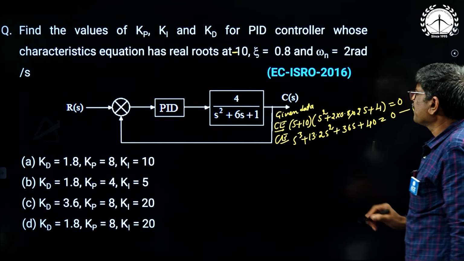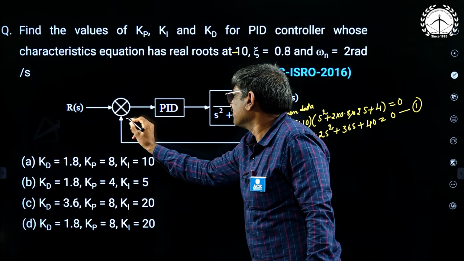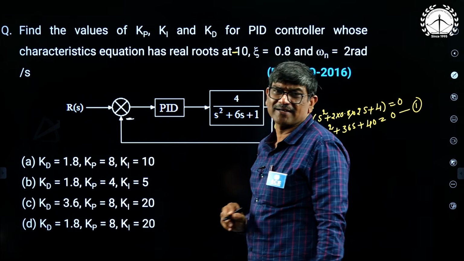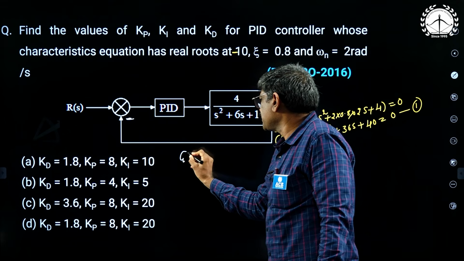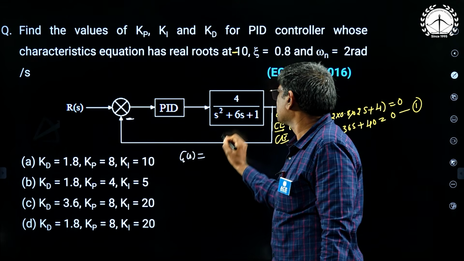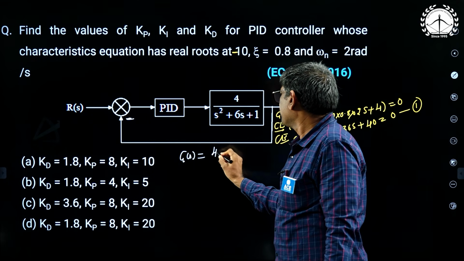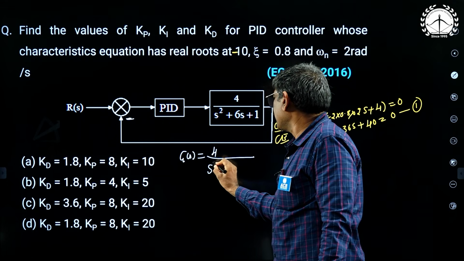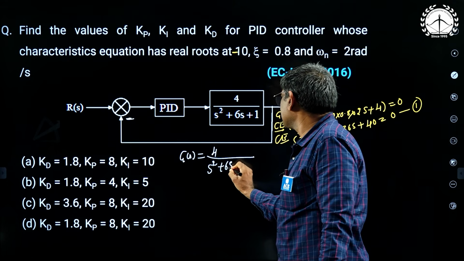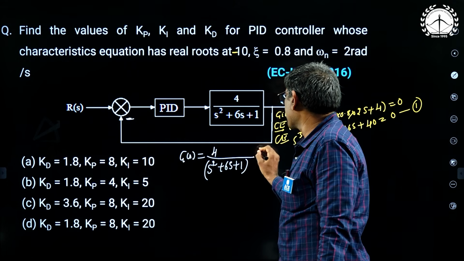Then again, from the block diagram, write the characteristic equation. What is G of S? G of S is 4 divided by S square plus 6S plus 1, into the PID controller.